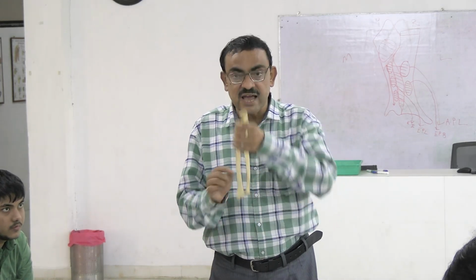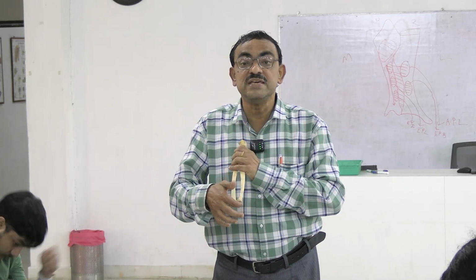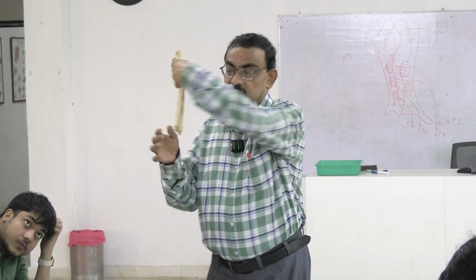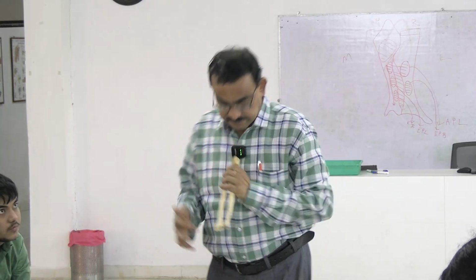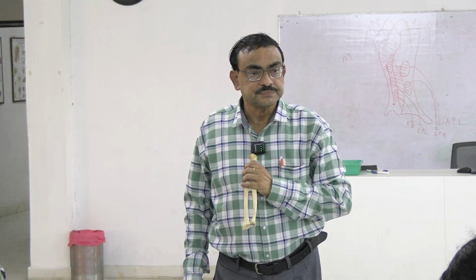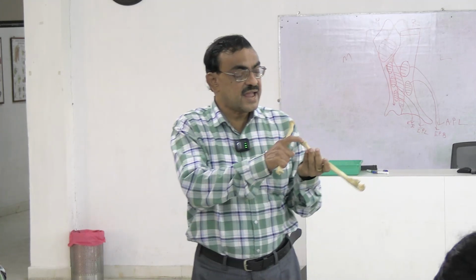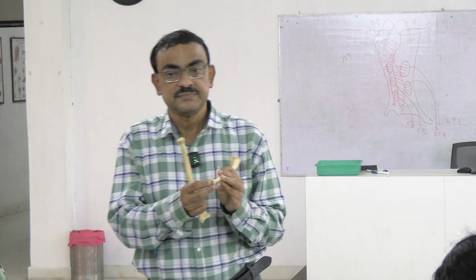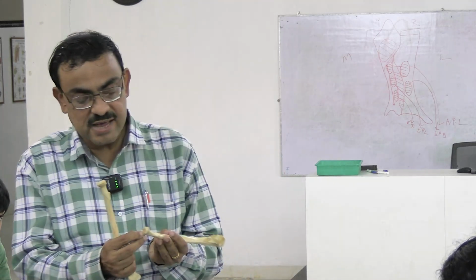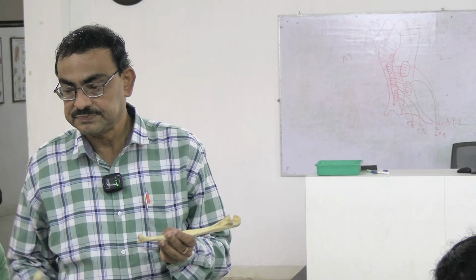Now this ulnar styloid process is directed posteromedially. You can see posteromedially. And this is the head of the ulna, and this is the styloid process, and in between there is a depression.